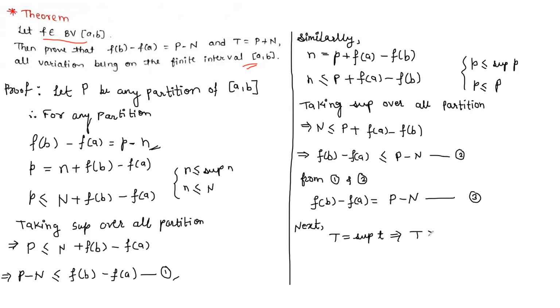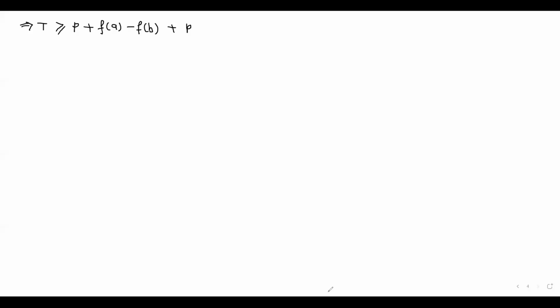So this implies that capital T is greater than or equals to this total variation, which again implies that capital T is greater than or equals to P plus N. So this implies T is greater than or equals to P plus f of A minus f of B plus P. So this implies capital T, that is total variation, greater than or equals to 2 times P plus f of A minus f of B.